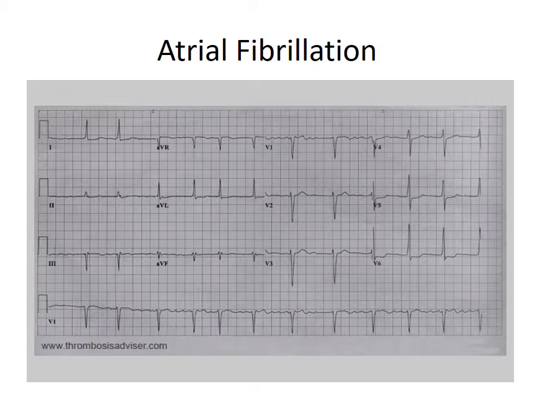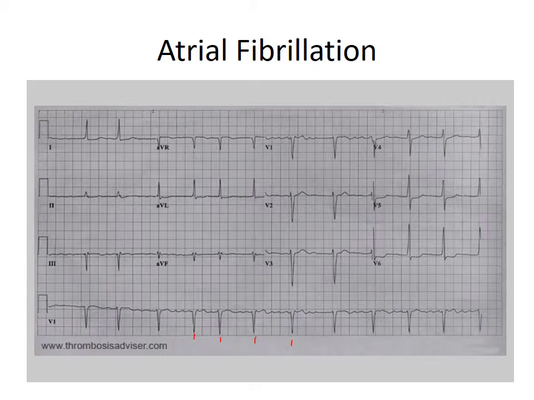AFib. I already told you the answer, but look at the rhythm strip at the bottom. That one is V1. But look at the QRS. Is that regular or not regular? Not regular. If I look at some of these QRS complexes, R wave to R wave, to the next R wave, to the next R wave, they're differently spaced, and I can't really predict where the next one's going to fall. Okay, so it's not regular.